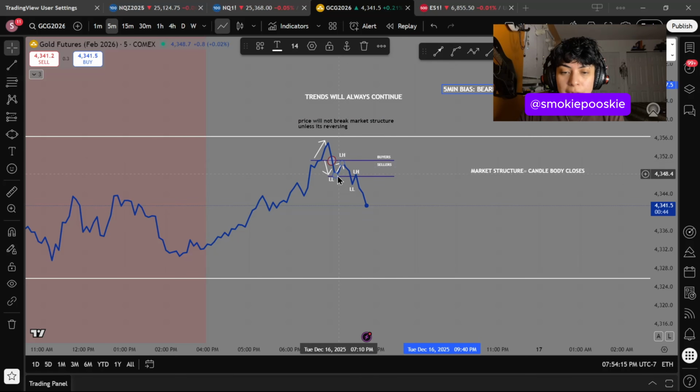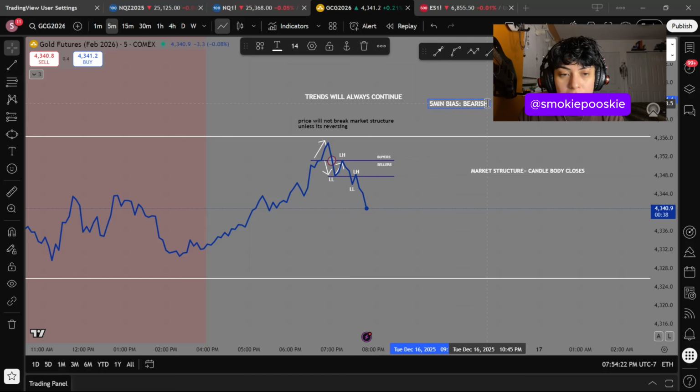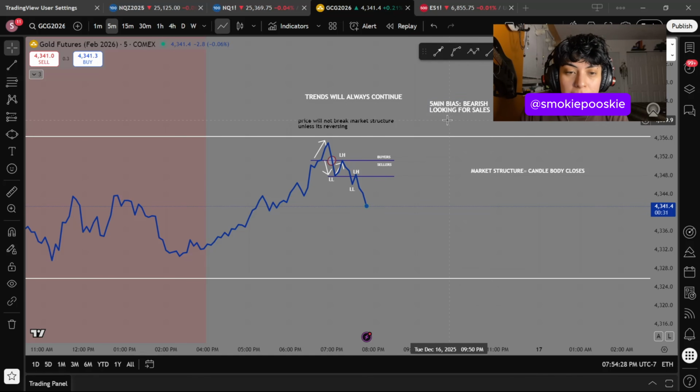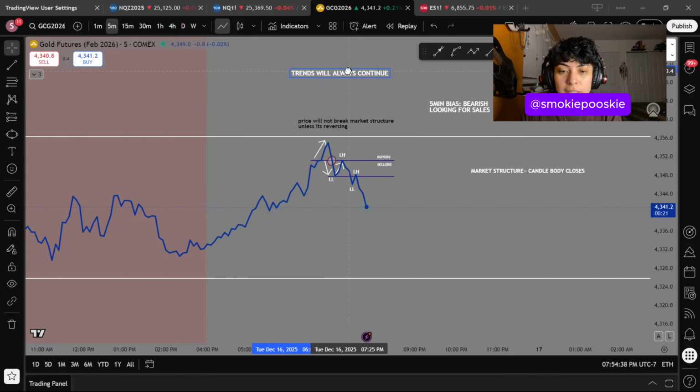Right? So now, as I was saying, our 5-minute bias is bearish. So we're looking for sells. We are looking for sells until, guess when? Until we're not. Because we want price to continue. We want the trend to continue.